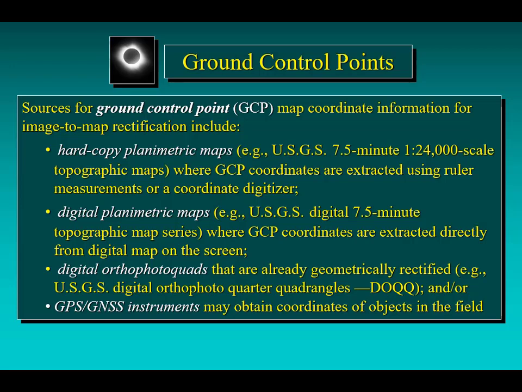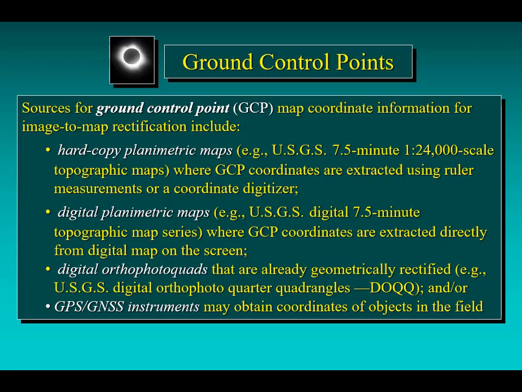We see potentially even more detail of various types of features within a digital orthophoto than what we might see in, say, a hard copy or digital paper map, just because those other data sources that I talked about above on the slide constitute abstractions of reality. So we see more detail potentially with a digital orthophoto quad. So an example would be a U.S. Geological Survey Digital Orthophoto Quarter Quadrangle, or DOQQ.